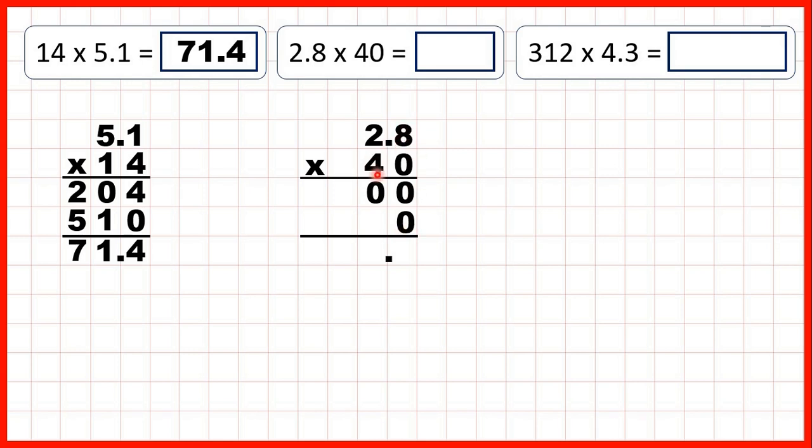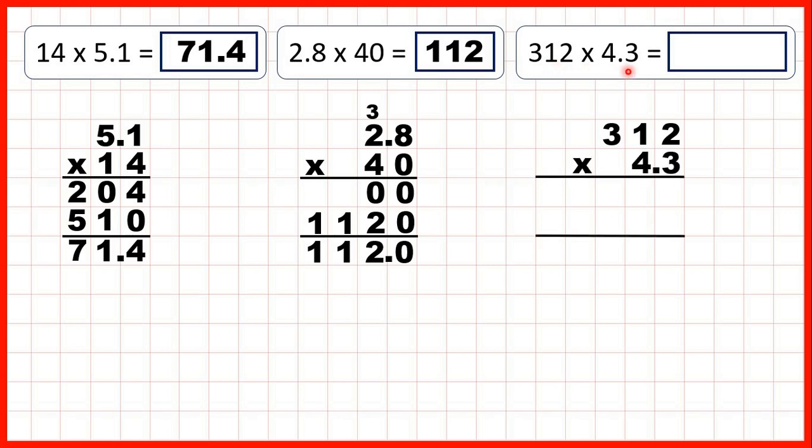Now 8 times 4 is 32, so 3, 2. 2 times 4 is 8, plus 3 is 11. So we can add up our answer lines, and we get 112.0, which we can just write as 112, because a 0 on the end tells us that we have a whole number.